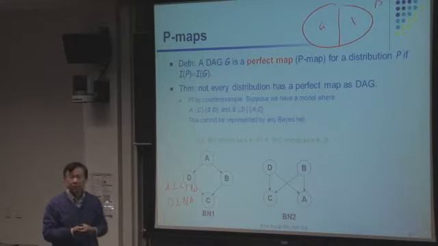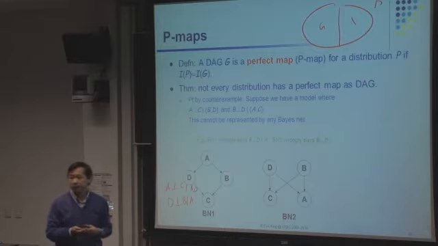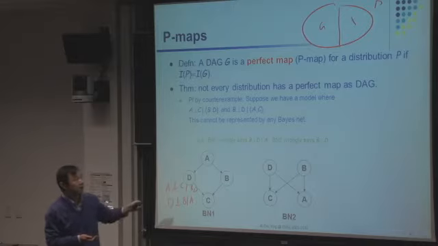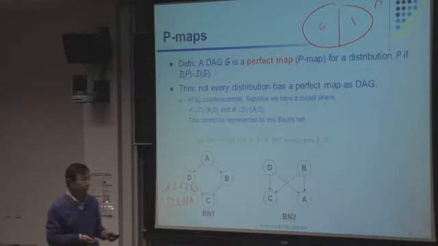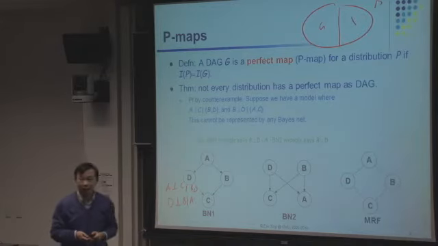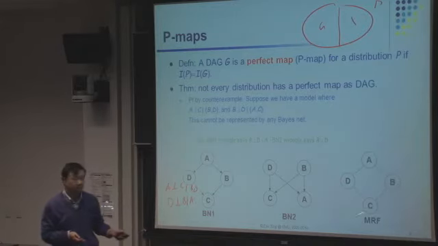And it turns out that if you make use of a different type of graph and invent a new set of conventions for encoding conditional independencies, you can also get a good chunk of this part represented. So that's the topic we're going to cover today, which is the undirected graphical model, also known as the Markov random field.